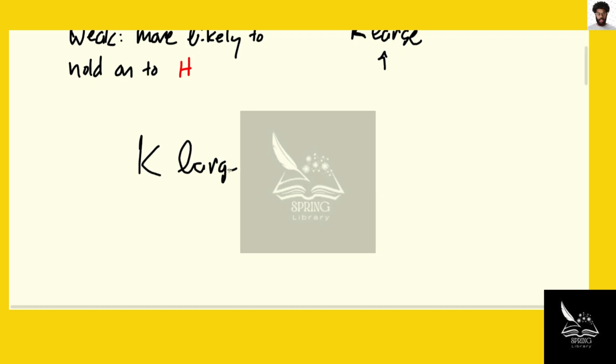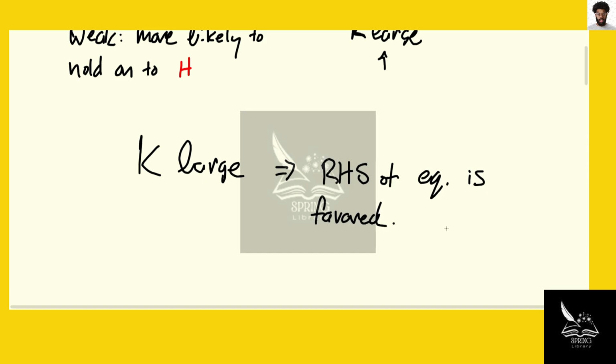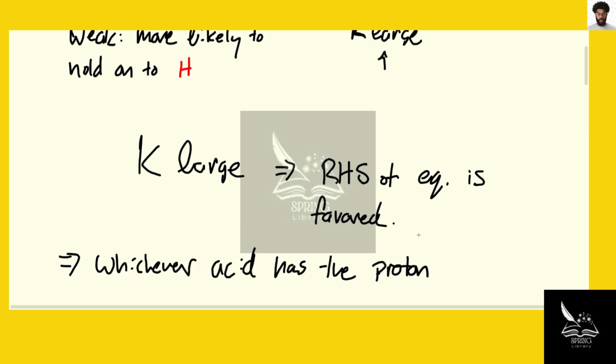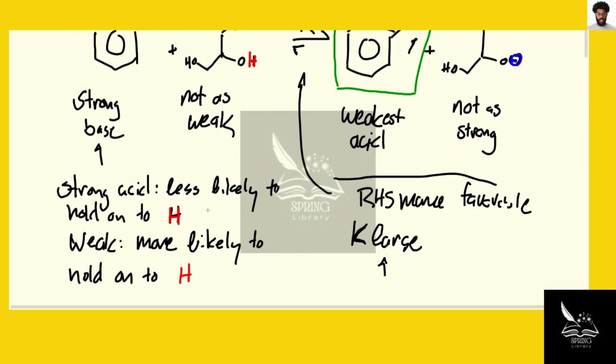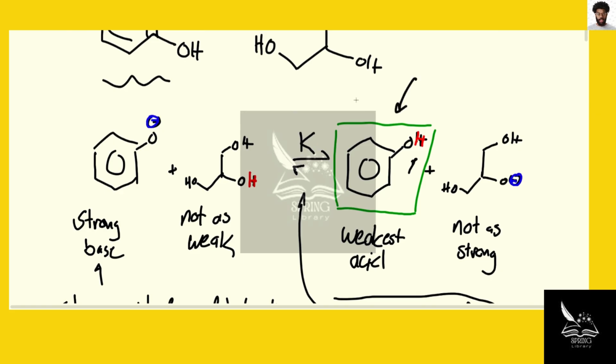K large implies the right-hand side of the equilibrium is favored, which further implies whichever acid has the proton on the right-hand side is weaker, which in this case was C. They write it so weird, but whatever.